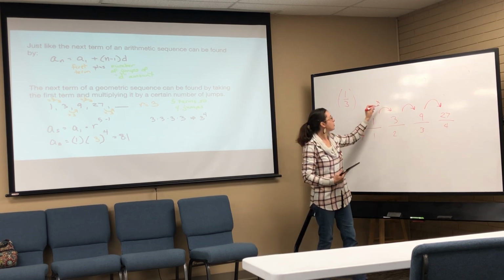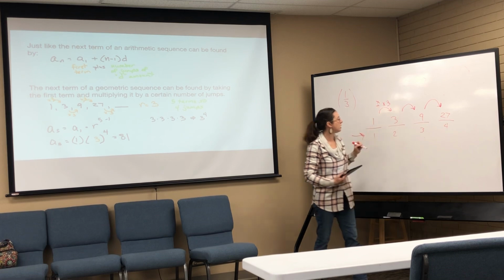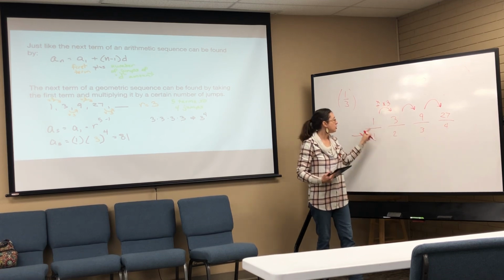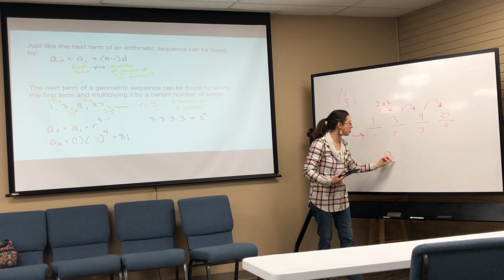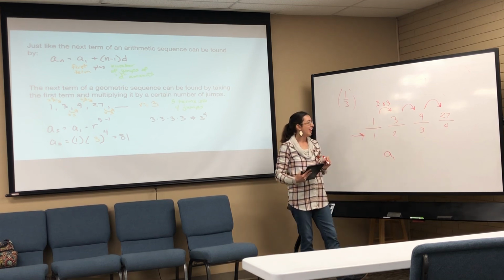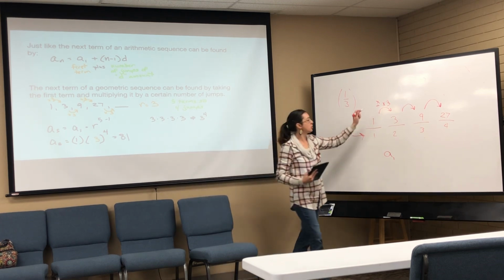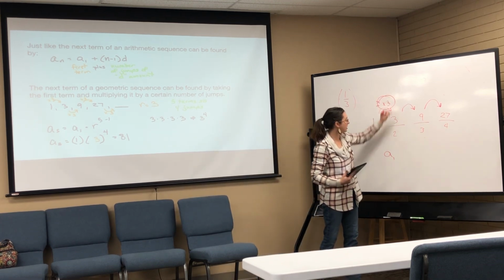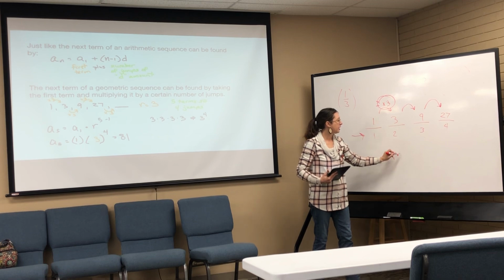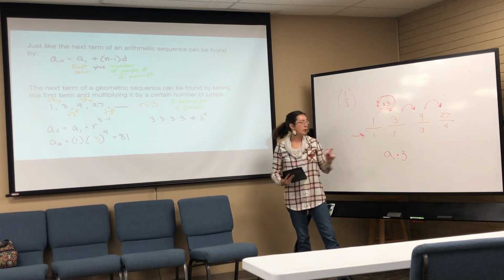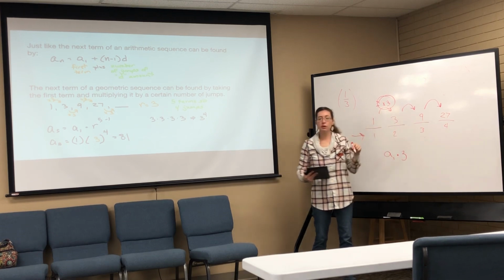I'm multiplying times 3 each time, so we start at the beginning, which is our a sub 1. Then we take the ratio, which is what we are jumping by, in this case 3, and we raise it to how many jumps we have.